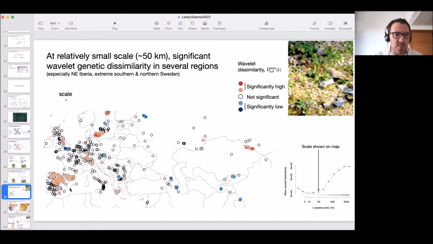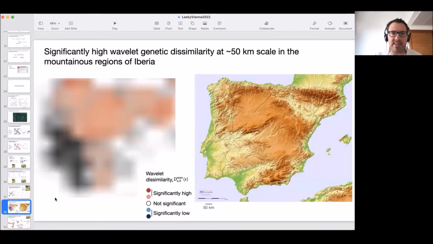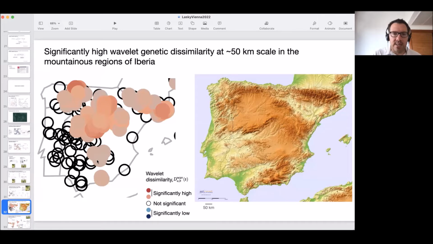And one of the things that's notable about this region for Arabidopsis in Iberia is that it corresponds to the region of greater topographic heterogeneity. So if you look, all of these locations are where the Arabidopsis at this scale already starts to show significantly high dissimilarity at these individual locations.